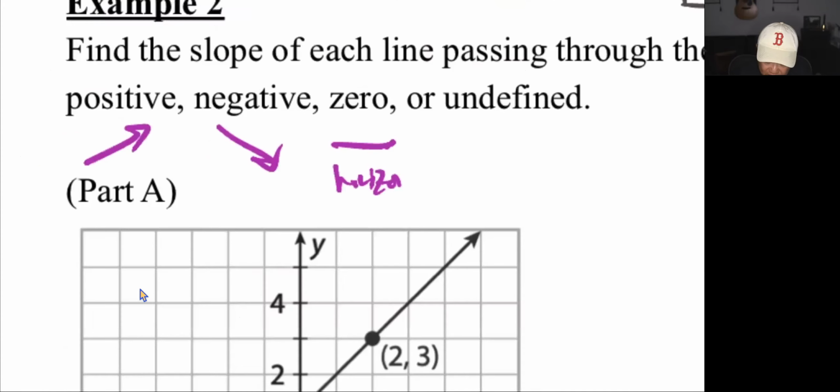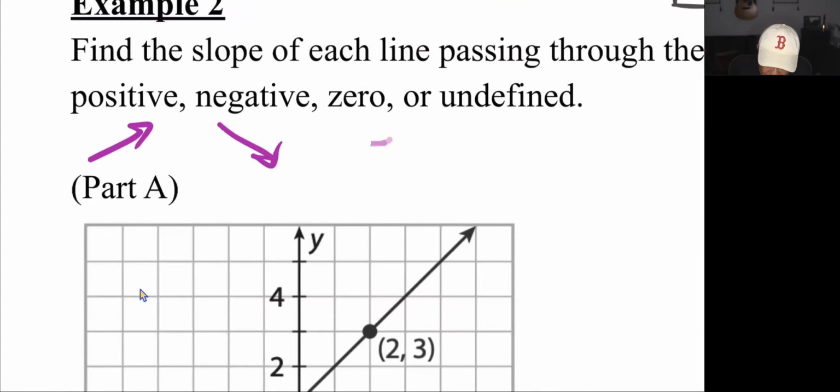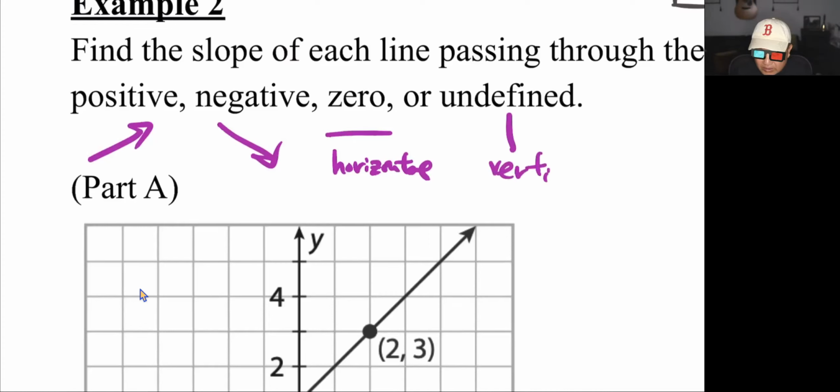Undefined is vertical, up and down. So this is a vertical line. Out of the four, the only one that does not have a value is undefined.